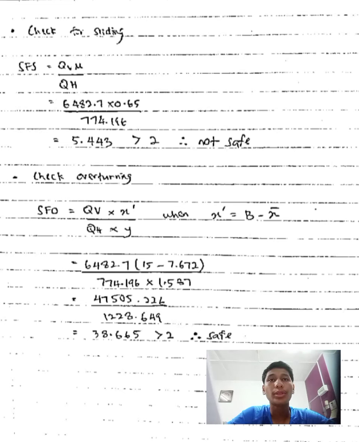And now we are going to check overturning. The formula is SFO equal QV times X prime per QH times Y, where X prime is equal to B minus X bar. 6482.7 bracket 15 minus 7.672 per 774.196 times 1.507.